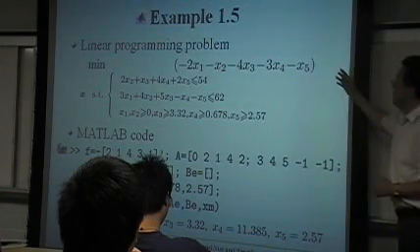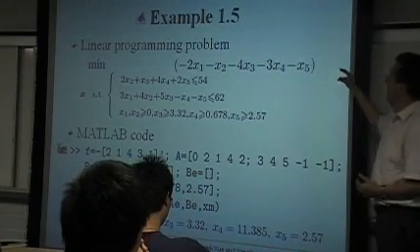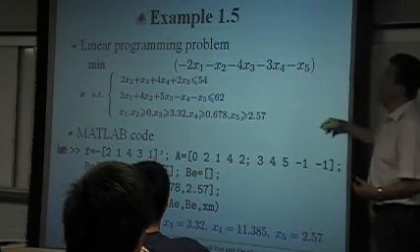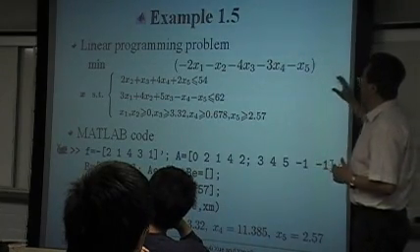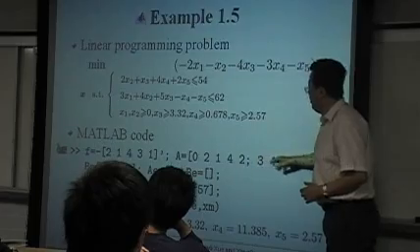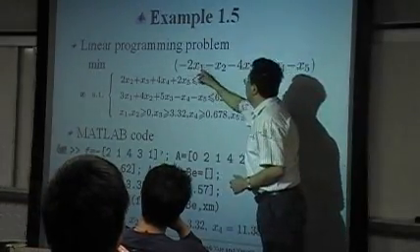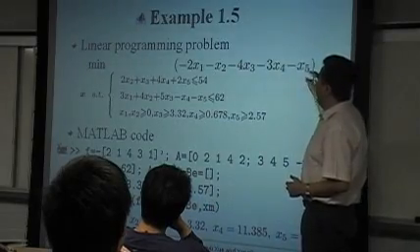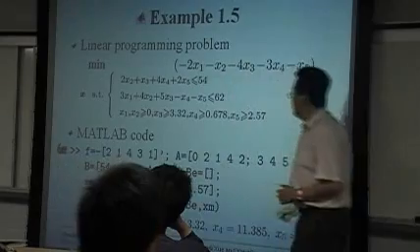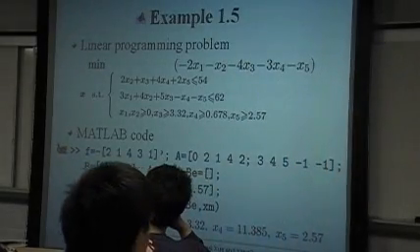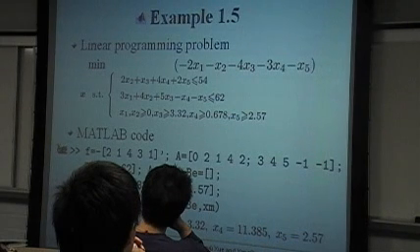In this course, I will teach you what this means, give a physical explanation to this one later on, and then tell you how to solve this kind of standard problem using Matlab. So what you need to do is to represent the objective function and the constraints in a simple, standard way. So if you learn this course, you are able to solve this kind of problem immediately.